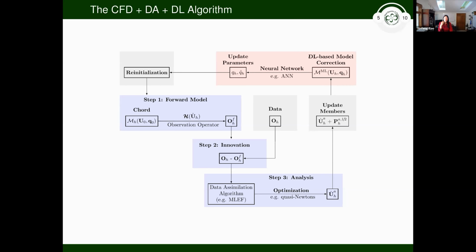This algorithm will learn and then produce output, the learned model parameter. And then you reinitialize this whole system again, go to your CFD model, the forward model, and repeat the whole process. So I want to emphasize the two elements, the data simulation and the machine learning.